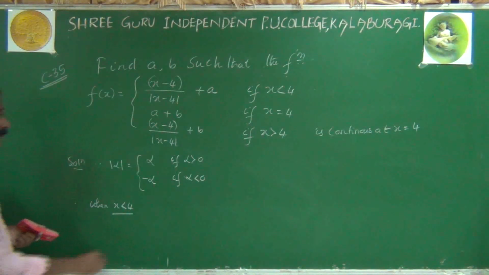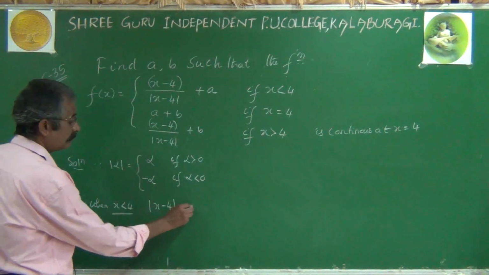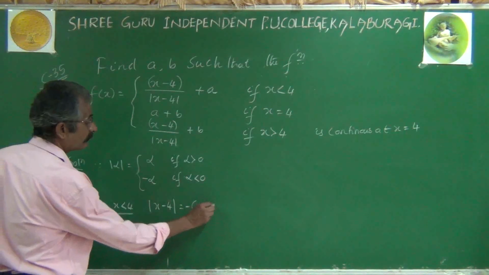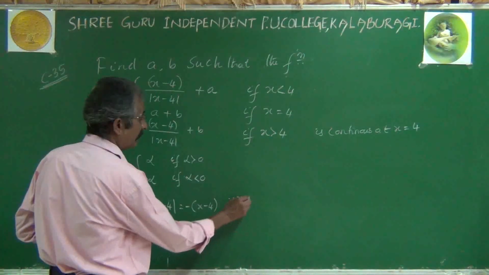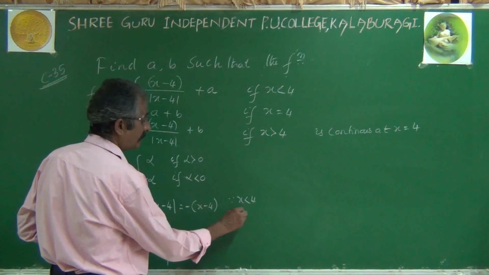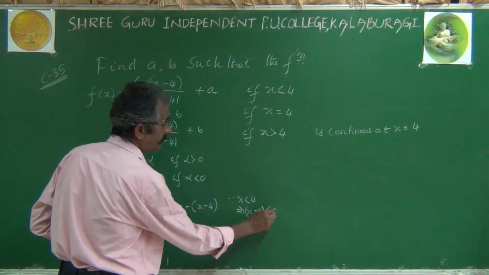So when x less than 4, mod of x minus 4 equals to minus of x minus 4, because x less than 4 implies that x minus 4 will be negative.